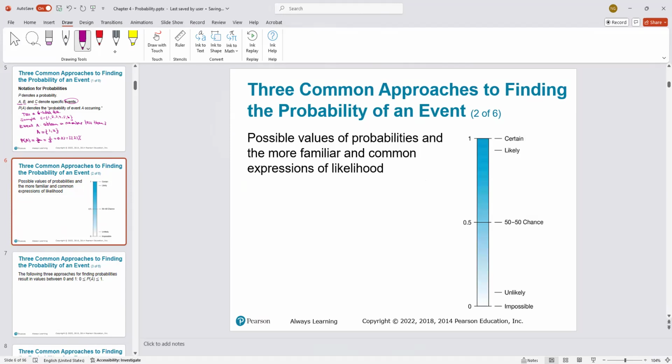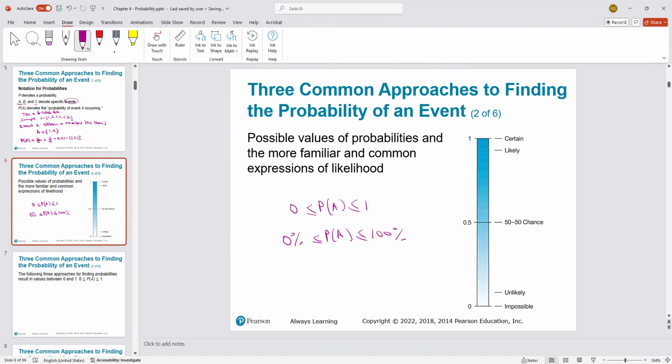Now, the common approaches to finding the probability of an event. Usually all probabilities must be between 0 and 1. The probability of A can be at smallest 0 and at largest 1. Or in terms of percentages, probability is always between 0% and 100%.